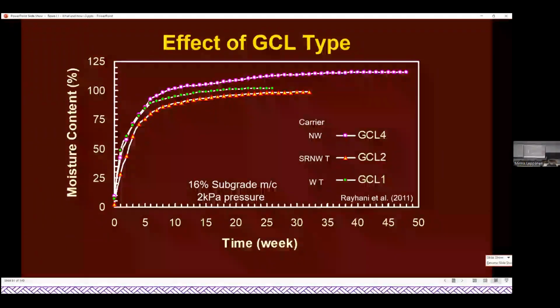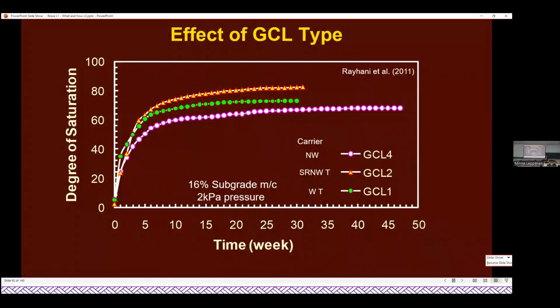It's the degree of saturation. And we plot the same data as degree of saturation. We see a very different story. You can see the one that only needs 125% to be fully hydrated is at over 80% degree of saturation. The other one is at about 50%.